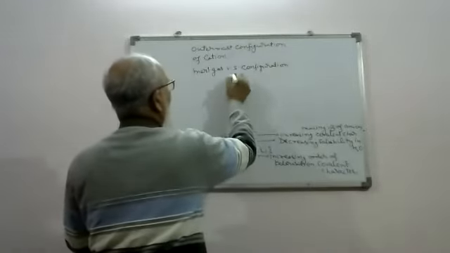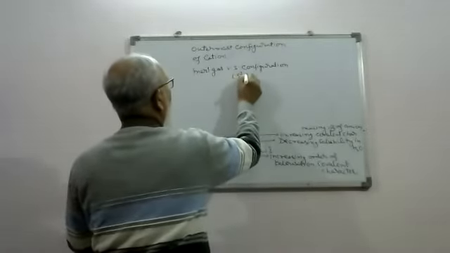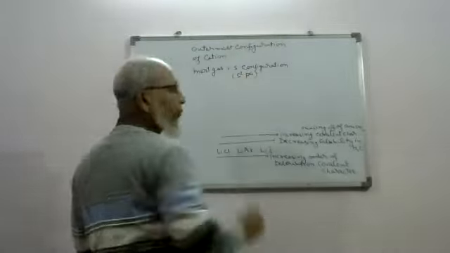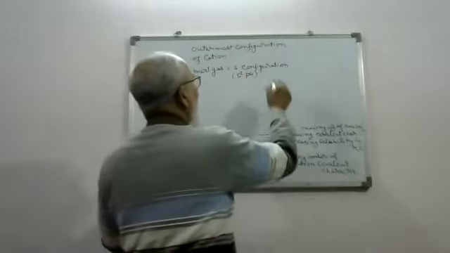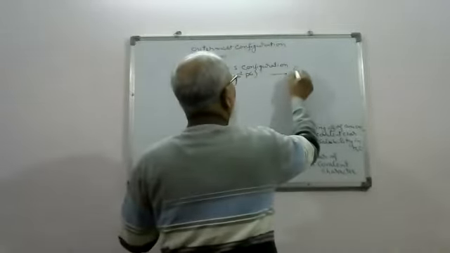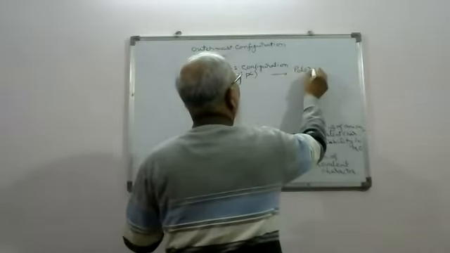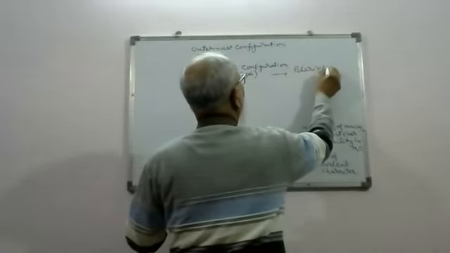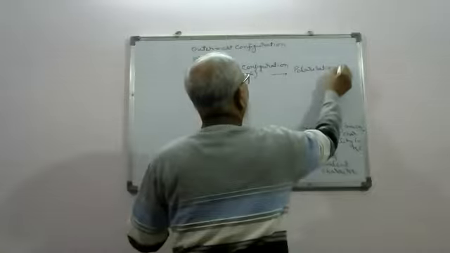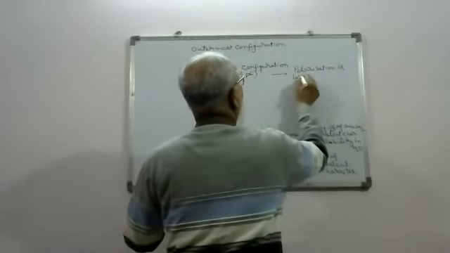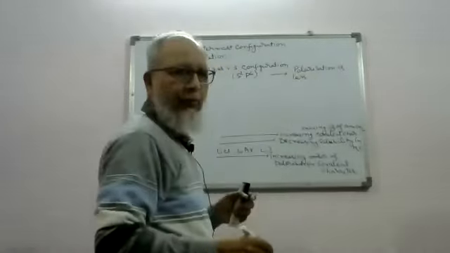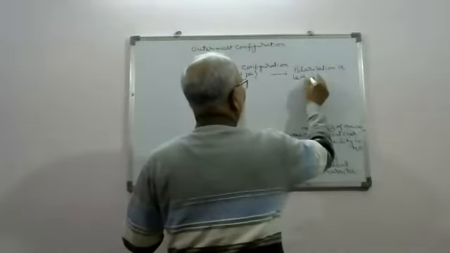Inert gas valence shell configuration means s2p6 configuration. Then the polarization will be less, and when polarization is less, ionic character is more.